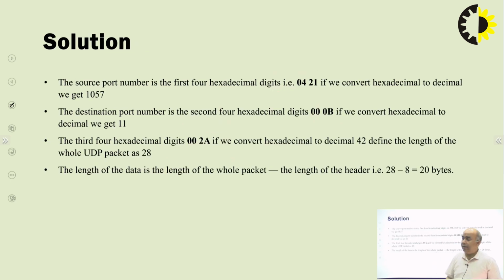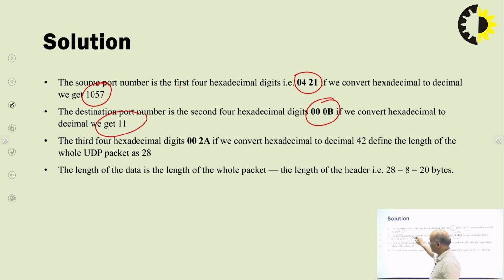If we convert the first one, 042, from hexadecimal to decimal, we will get this number. Next, we have to identify the destination port number. As the hexadecimal value is given, when it is converted into decimal, it comes out as 11. The third one is to identify the UDP packet length.